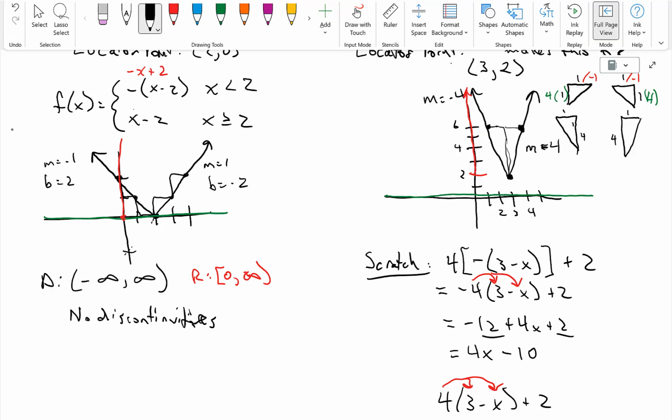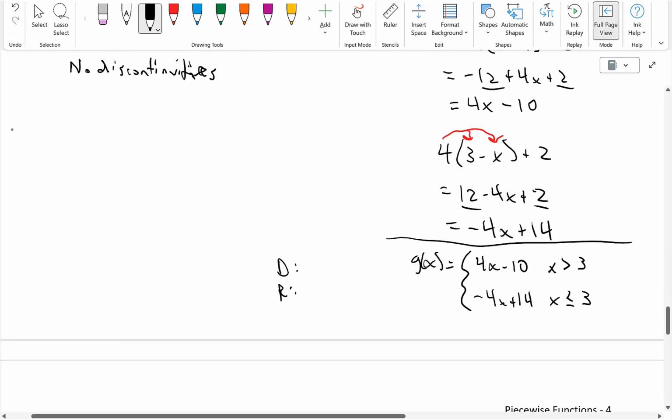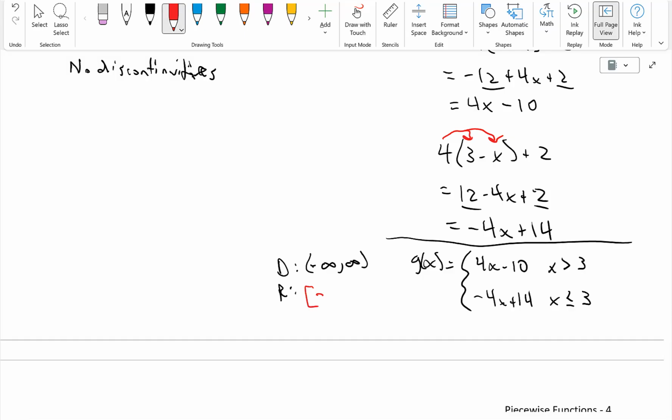So our domain would be all real numbers, or minus infinity to infinity. Our range, we've got a bracket 2 to infinity, and no discontinuities there again. We can see the graph connects at the locator point where we're splitting that domain.